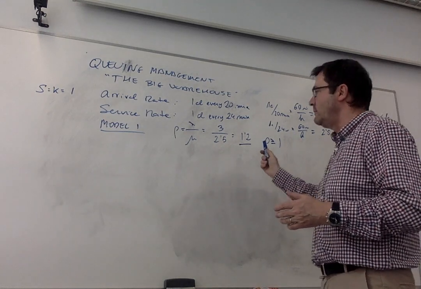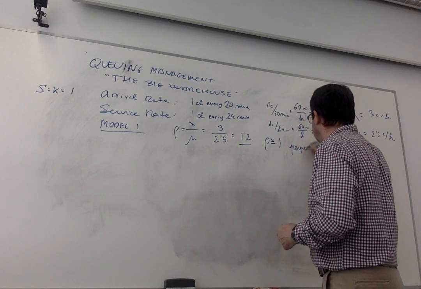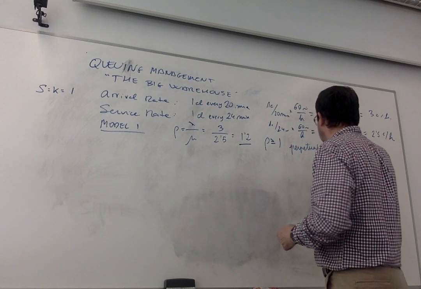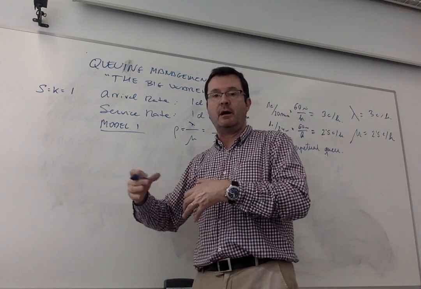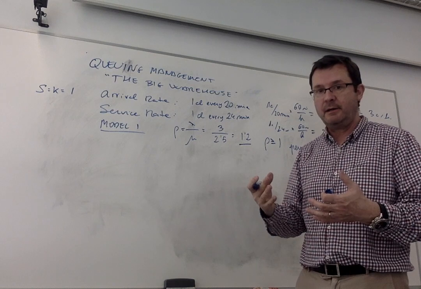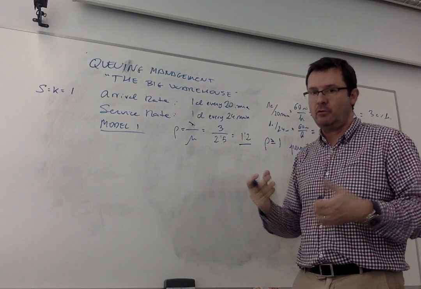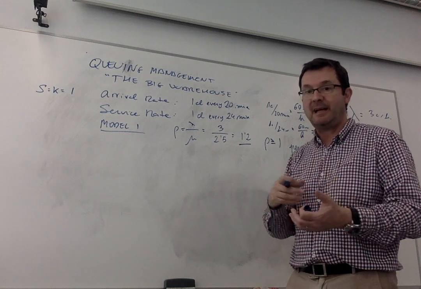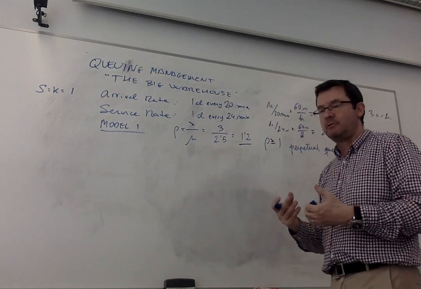Remember, when we have this perpetual queue situation, even though we know that it's model 1, and now we could take the equations from model 1, it's nonsense. These equations don't work when there is a perpetual queue. You will get very strange results, like a negative result, or that you have to divide by 0, and this is absurd, okay?